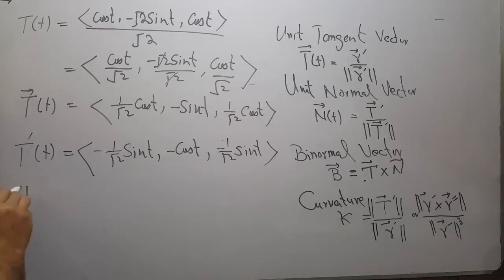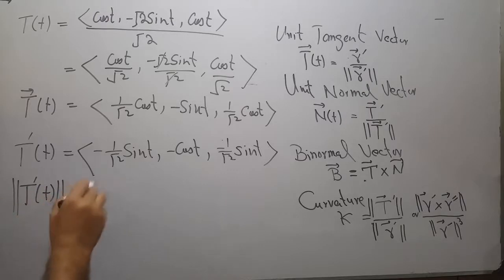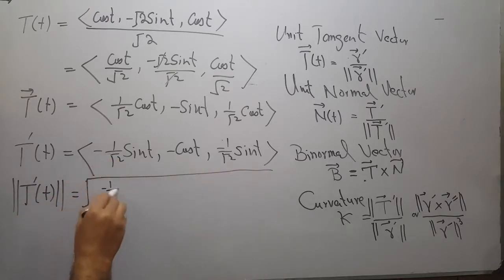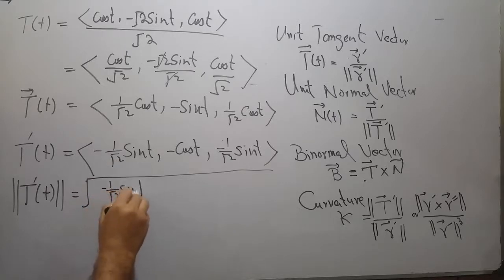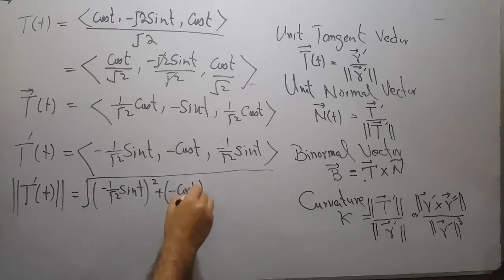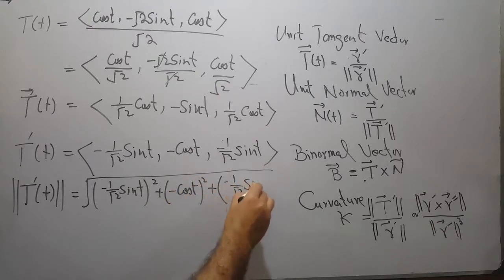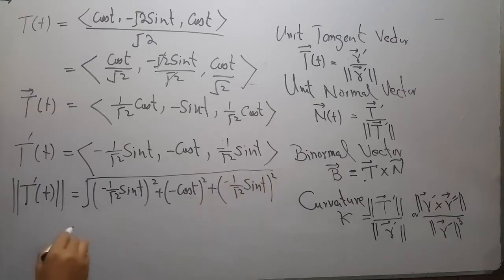So again, for the magnitude, you have to just find the squares of each component and add them up. So the square of minus 1 over square root 2 sine t, minus cos t, take the square of this one, and minus 1 over square root 2 sine t whole square.